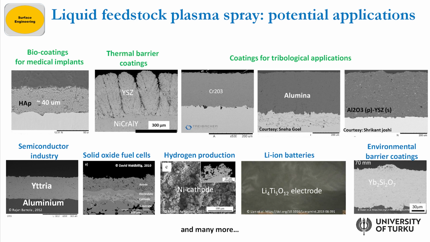For instance, before joining University of Turku, using this for producing biomedical coatings for medical implants, producing coatings for thermal barrier application on the gas turbine engines, coatings for tribological applications. So these were the areas that I already explored, and moving forward I wish to use this technology especially for energy application, for hydrogen production, for batteries, for fuel cells, and so on. So there are many more that we can actually think about using this technology.